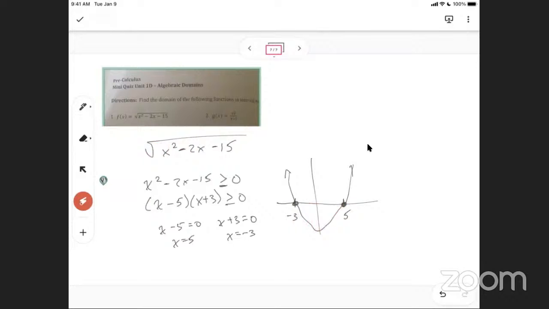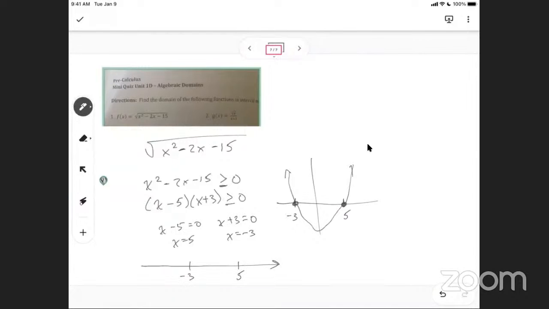Now, what teachers will show you is they'll just do this thing right here, and then they'll say, now make a chart. Make a real number line and put -3 here and put 5 here, and then do a sign analysis.